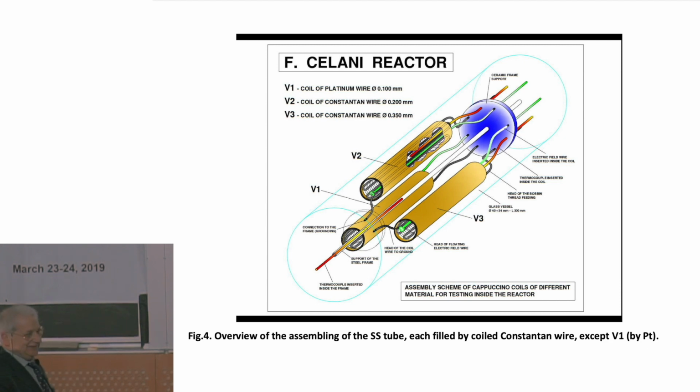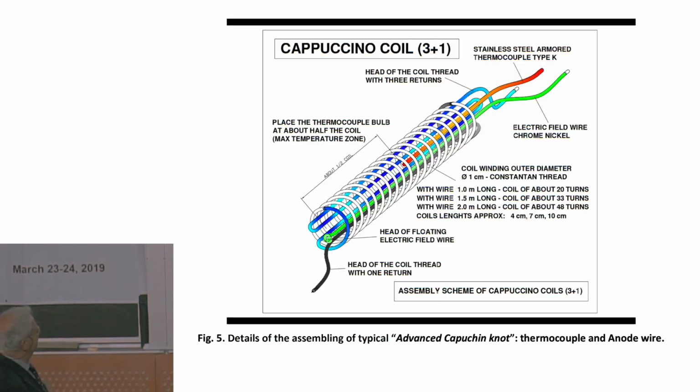So very easy to remember. Here is a detail of the construction, but I will give you all my presentation. To describe this one would take maybe half an hour, so too much. Anyway, you can have an idea how it's arranged. So it's not a real Capuchin, but a variation.